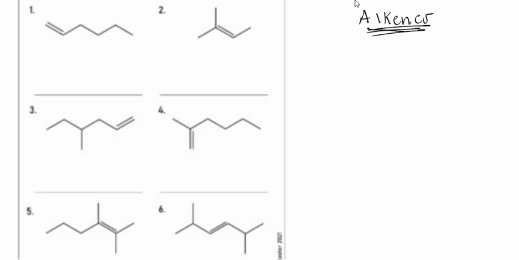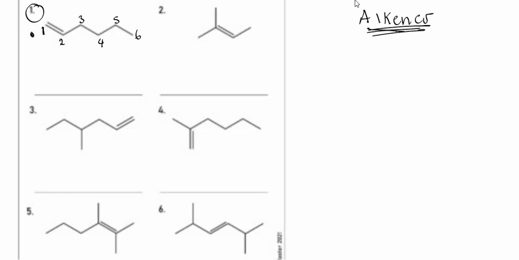So in this situation, question 1, which is this one, where is the double bond? The double bond is this side, meaning I need to start counting from this side. So this side it will be 1, then 2, 3, 4, 5, 6. So you have 6 carbons.